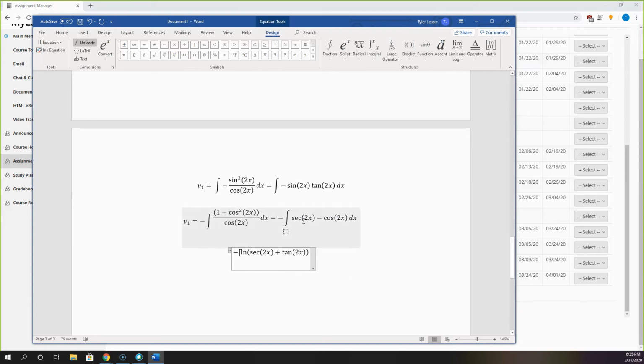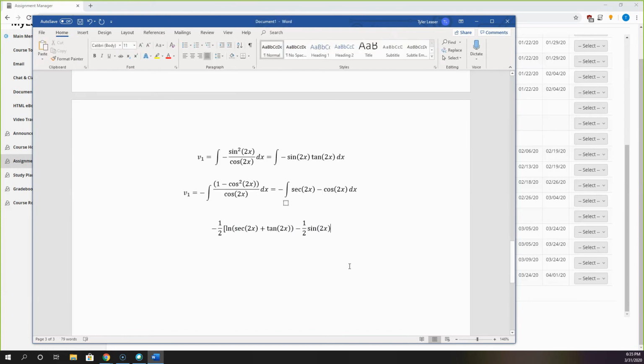I'm a little bit worried about the 2. Yeah, we'll put the 1/2 out front, because you do use substitution to get this table entry. It's fine. We'll leave it like that. And then the negative cosine on the end would be negative 1/2 sine of 2x.